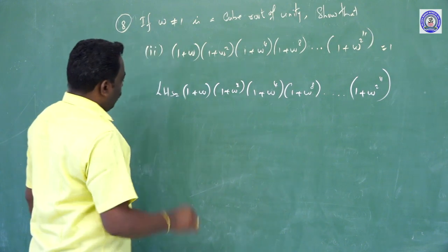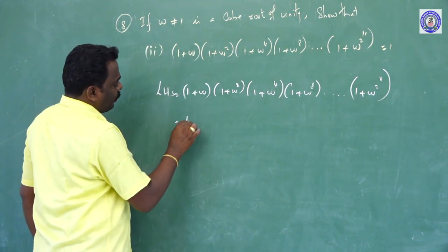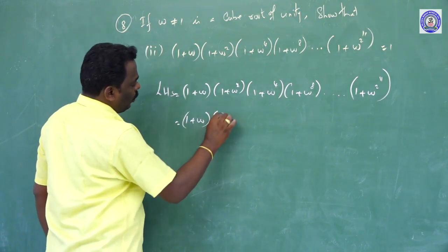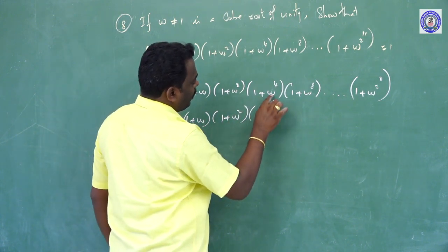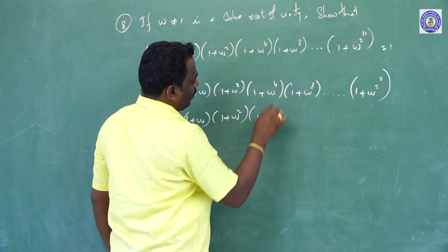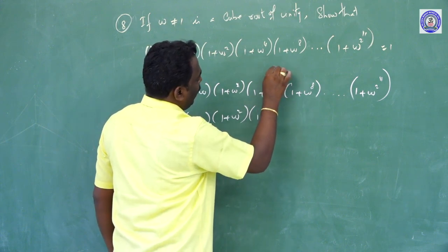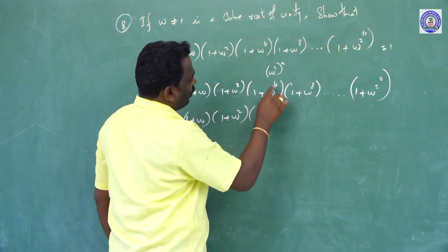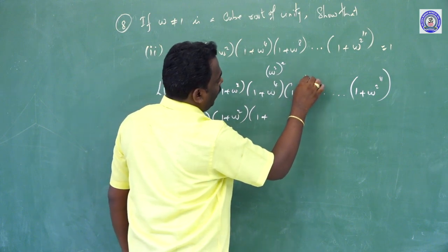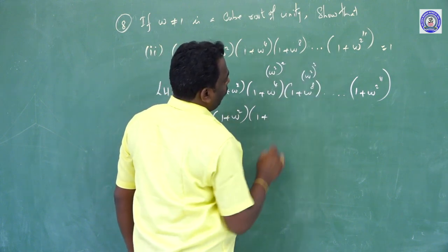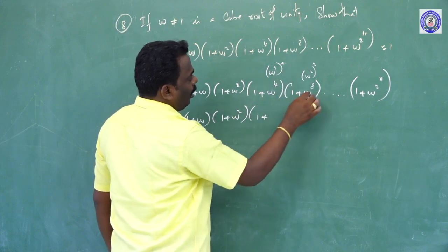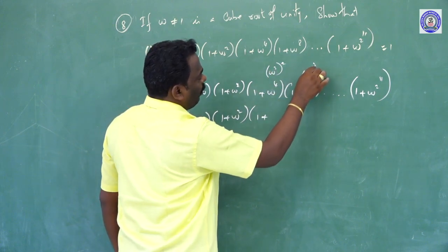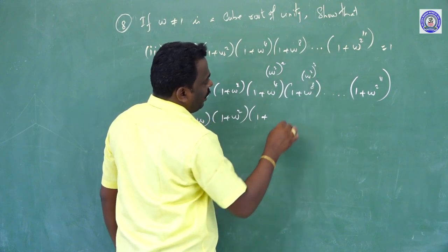That is the given question. Now rewrite the terms: 1 plus omega as it is, into 1 plus omega square as it is, into 1 plus omega square whole square equal to 16. We can write omega square whole square equal to omega power 4, and omega power 8 we can write as omega square whole power 3, equal to 8, and keep continuing.